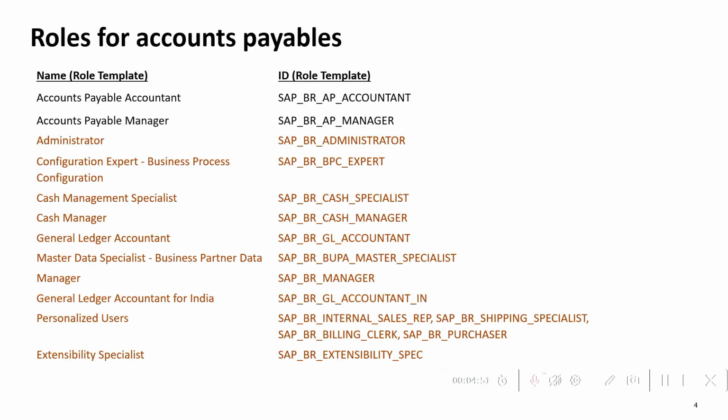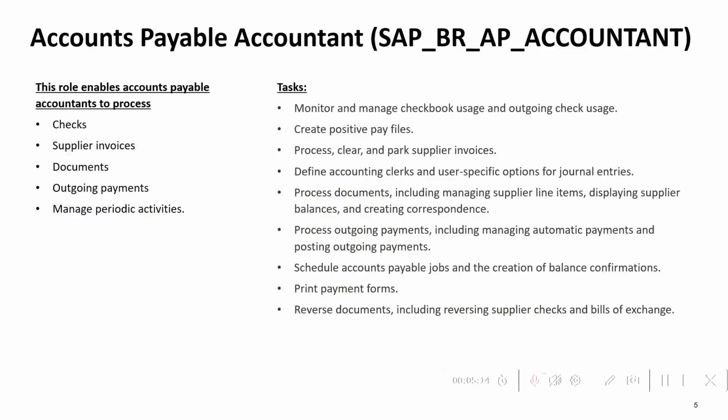What kind of roles are required to run the accounts payable module? We need two kinds of roles: accounts payable accountant and accounts payable manager. These two roles are very important to run the accounts payable module.